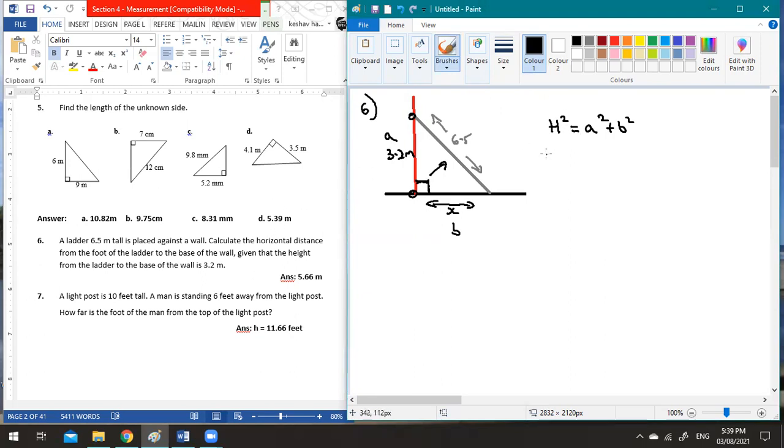Right, so we want to fill it out. So 6.5 squared is equal to A squared, which is 3.2 squared plus B squared. And just like before, we want the B squared by itself on one side. So we have 6.5 squared minus 3.2 squared is equal to B squared.